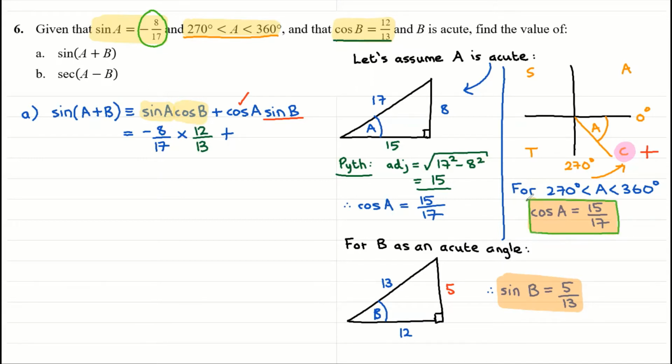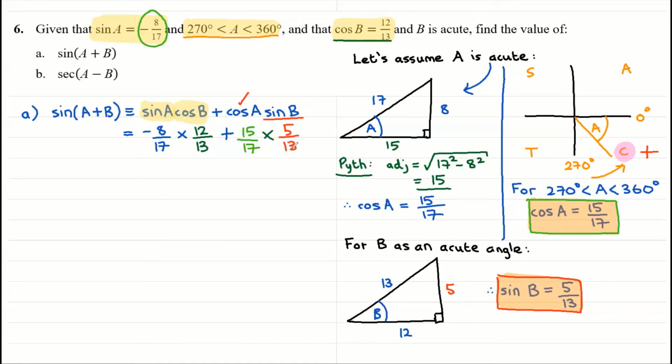So add the cosine of A, which is this one. I'm just putting it in a box now to make it look extra important. So that's going to be 15/17. And you're going to multiply that by the sine of B, which again is very important. The sine of B, which is here, which is just a positive, so that's 5/13.